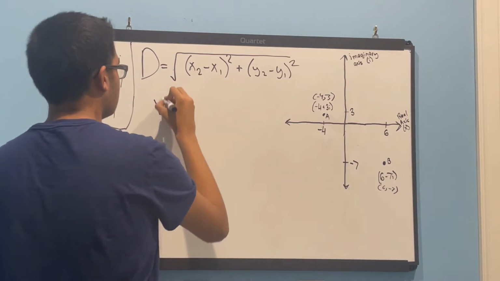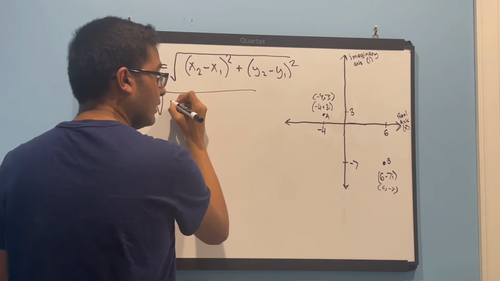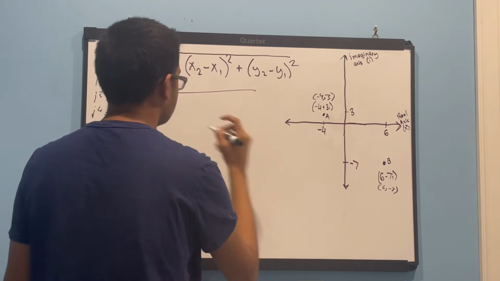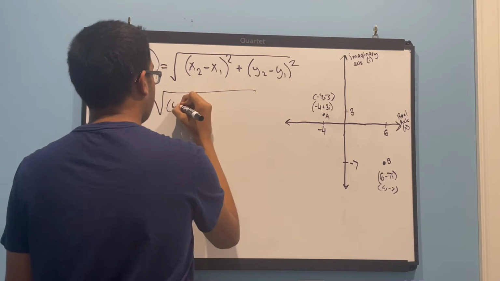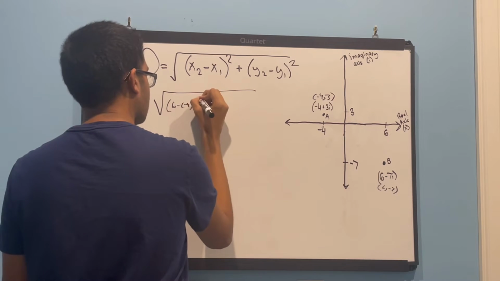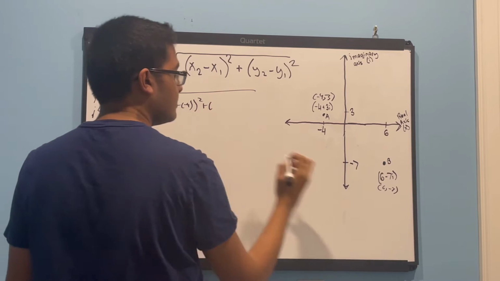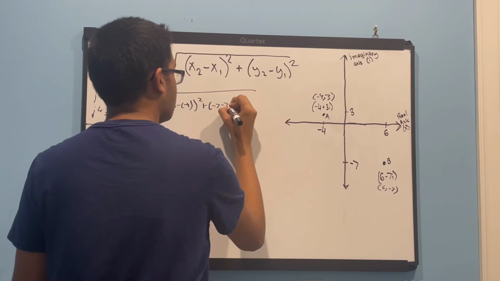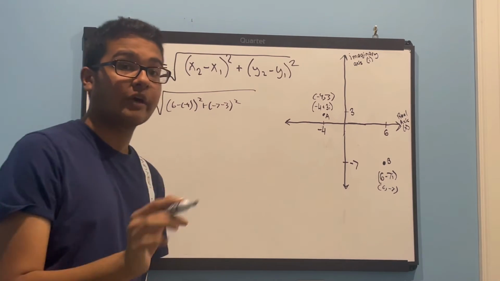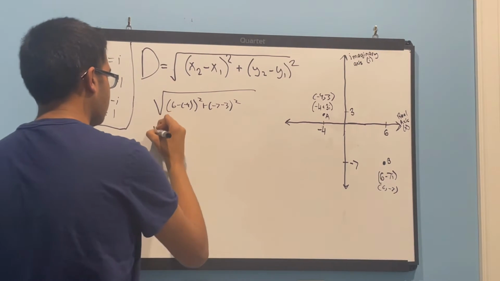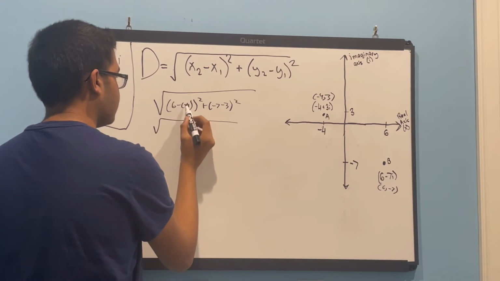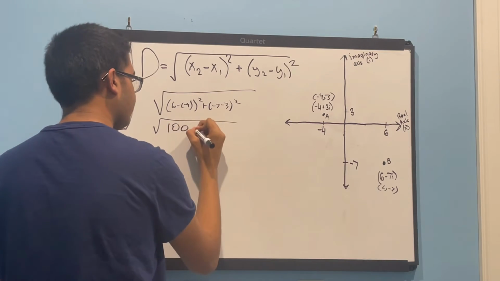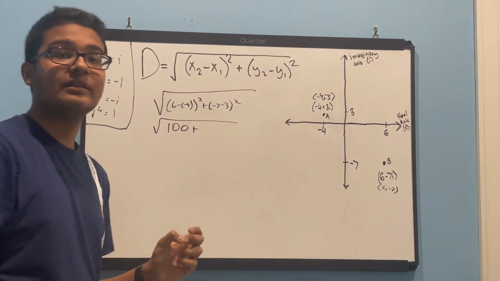So this would be the square root of, let's see here, x2. So let's make this x2 and that x1. So 6 minus negative 4 squared plus, let's make this y2, y1 right here, negative 7 minus 3 squared. Okay, so then this would turn into 6 plus 4, and that would be 10. 10 squared is 100, so this would be 100 plus negative 7 minus 3, that is negative 10.